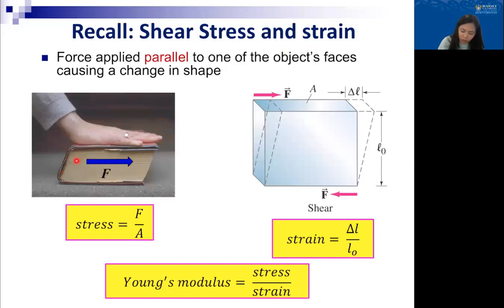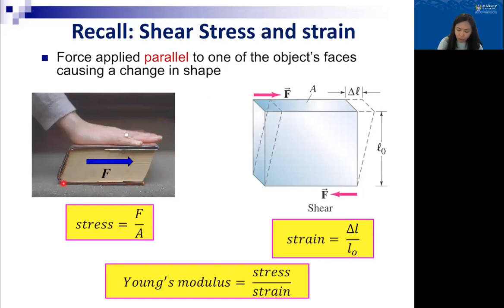And what you will notice is that the book will start to deform, with the top pages moving forward in the same direction of the force exerted by your hand. Whereas notice that at the bottom, the pages hardly moved at all. So there's little to no movement at the bottom of the book.